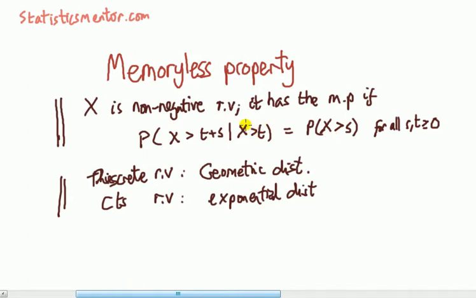In that respect, the fact that you've already thrown it t times is neither here nor there in getting a head in at least another s throws. That's what this is saying. Basically it's forgotten that you've already thrown it t times. In other words, it's a bit like a goldfish memory. It kind of forgets.